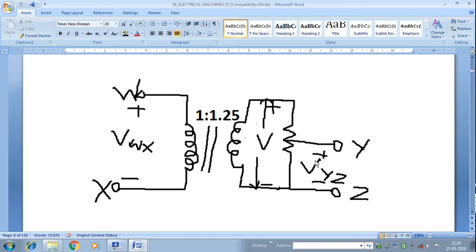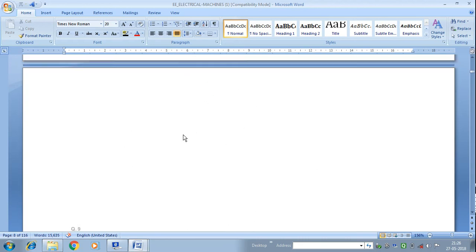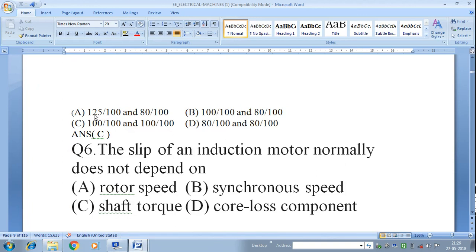So this is called your attenuator. It means according to our requirement we can tap the voltage from the output. So this is denoted as VYZ. So the turns ratio here given is 1 to 1.25. This is the A, B, C, D answer given.